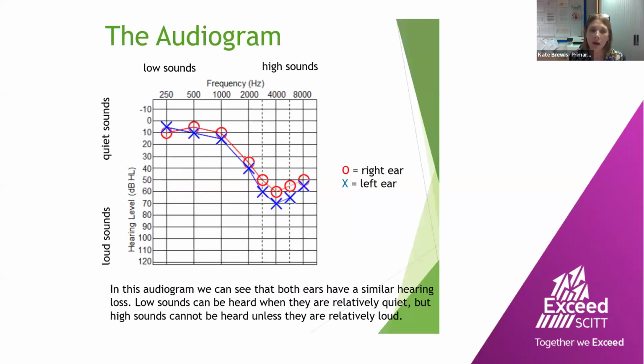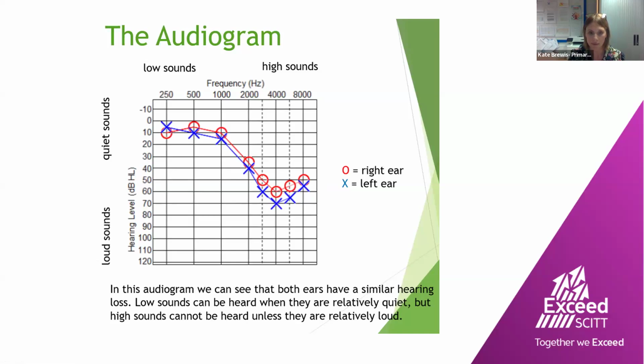So in terms of understanding sounds, you can see here on an audiogram, with the left ear being the blue and the right ear being the red, that both ears have the same level of hearing loss.